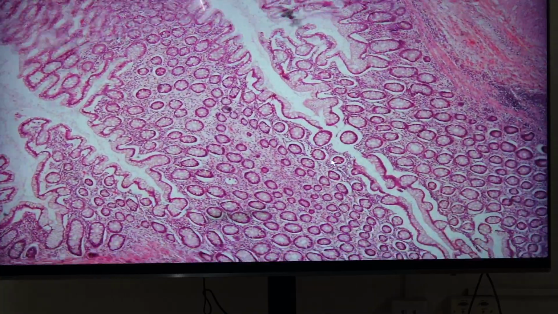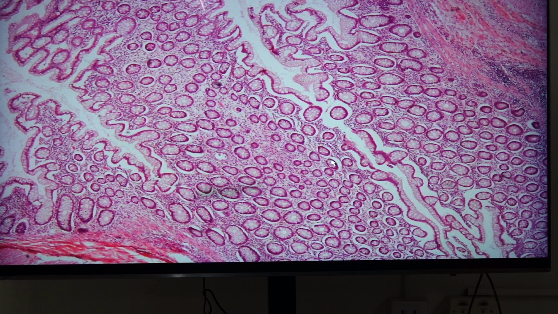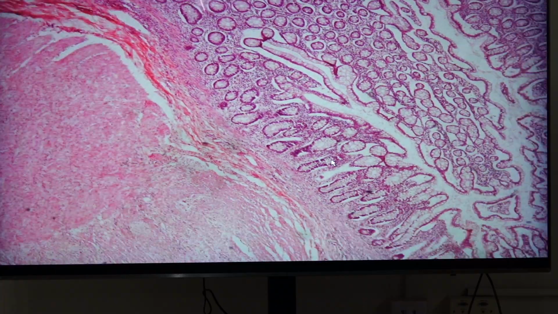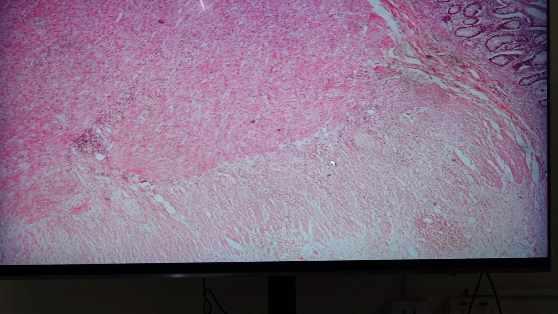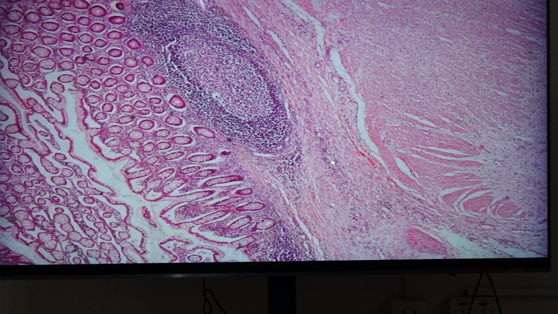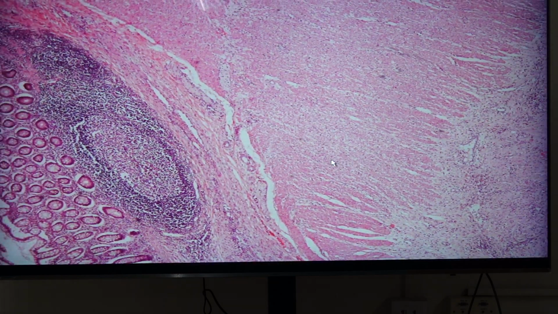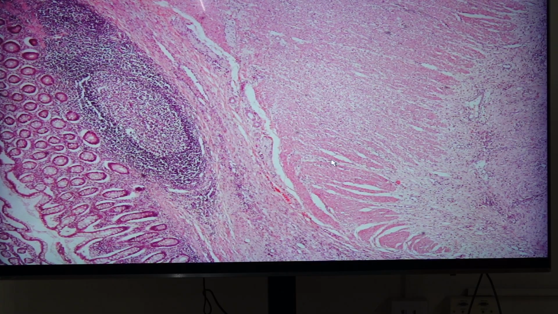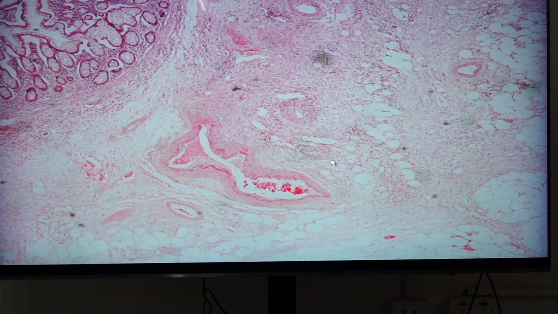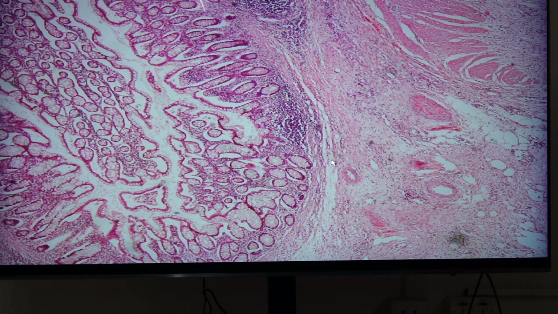Okay, so you can see the downward proliferation of the mucosa and submucosa up to the muscularis propria. Okay, in some cases it can go beyond the serosa, and it would appear like a finger-like projection.